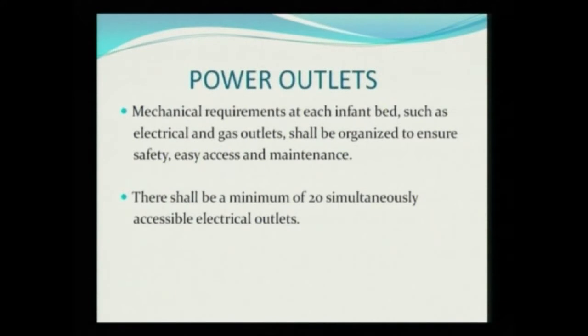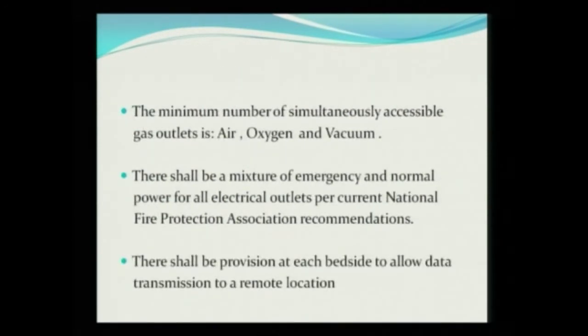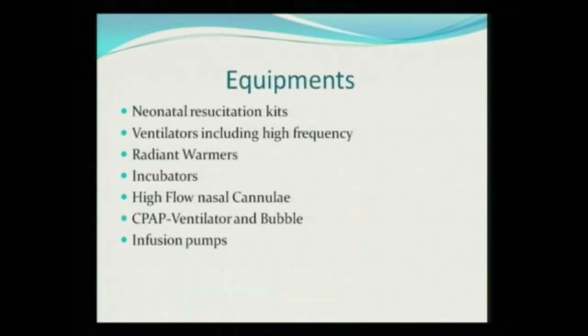There should be power outlets around each infant bed, such as electrical and gas outlets, a minimum total of 20 of these outlets. What we require is a combination of air and oxygen and also vacuum, which will be used in cases of suction. This is as per the National Fire Protection Association recommendations.